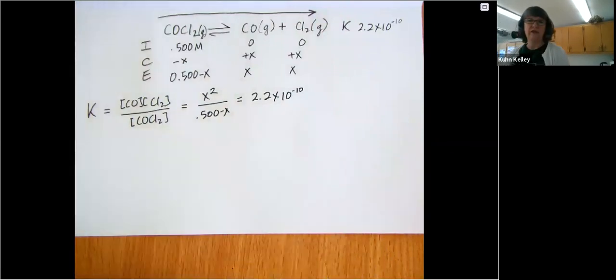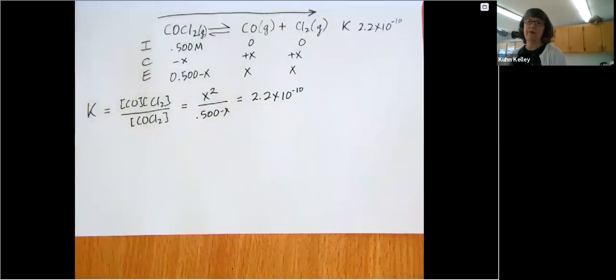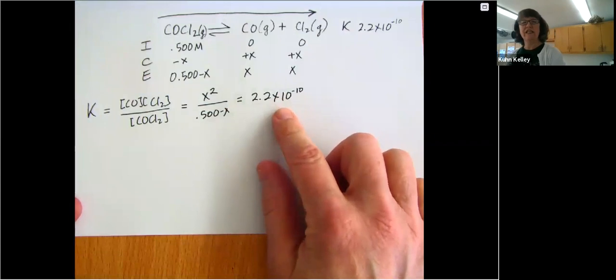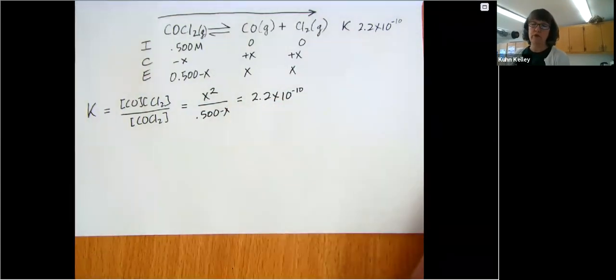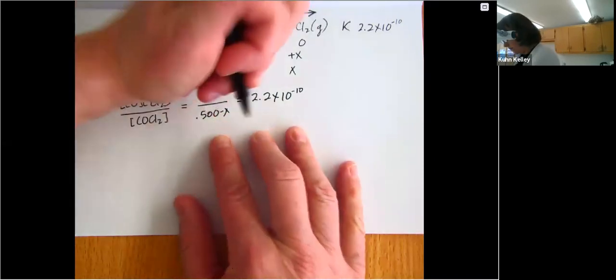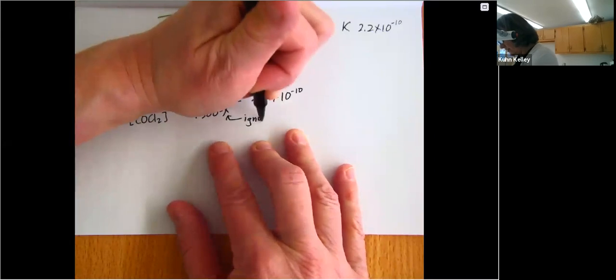Now, this is not one where we can just take a square root, right? Because the bottom value is not squared. But we do have a tiny K. So this is one of those times where we should be able to ignore X. Why can we ignore X on the bottom?